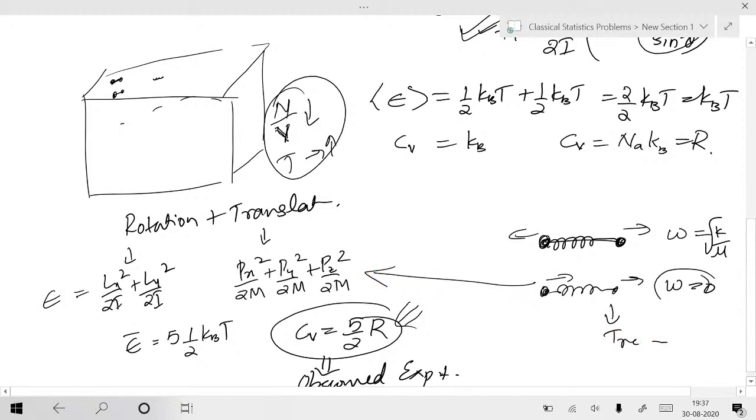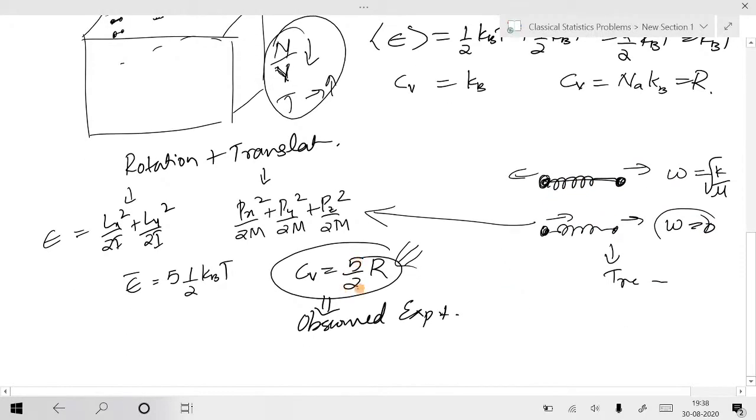That mode has energy 0, so only one vibrational thing exists, so it happened to be 6 by 2 R.